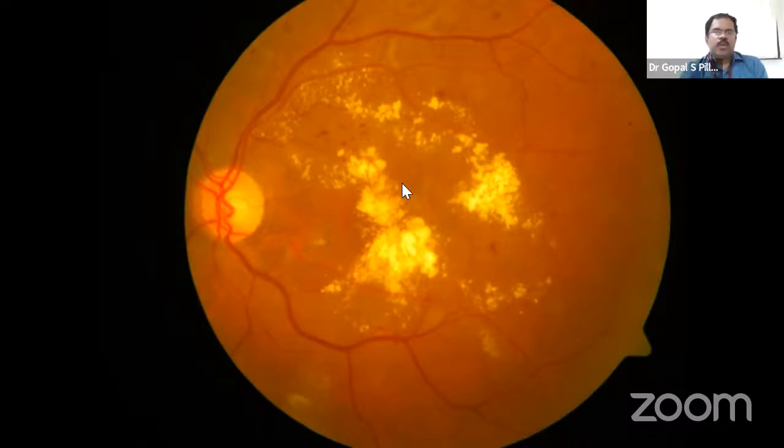Okay, 6/12, 20/40. It's less than 6/12. Though, of course, the lower the vision, the more the advantage of aflibercept over the other drugs.